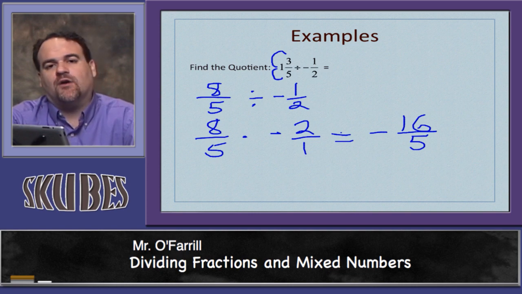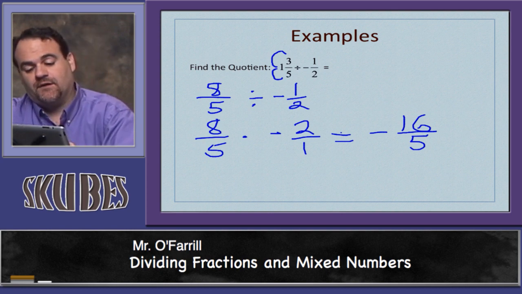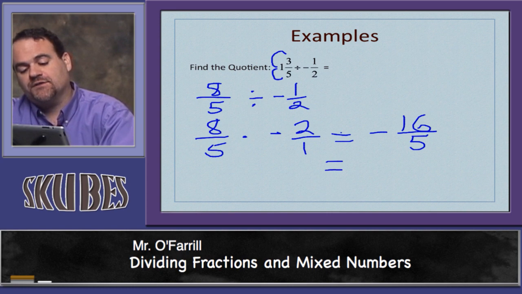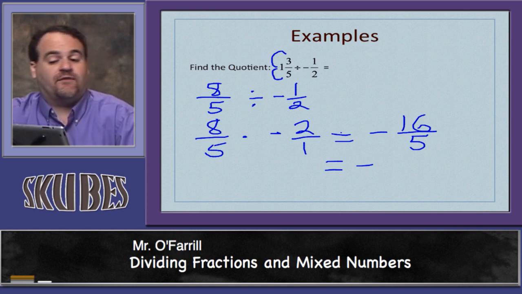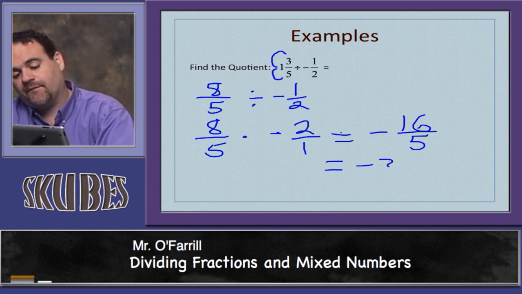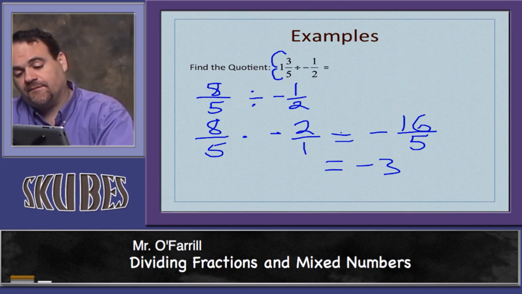But you know what? Since we started with a mixed fraction, and it's good to practice this skill, why don't we go ahead and turn it into a mixed fraction? This is going to be a negative number still. And 5 goes into 16 3 times. 3 times 5 is 15. And 15 is 1 less than 16.